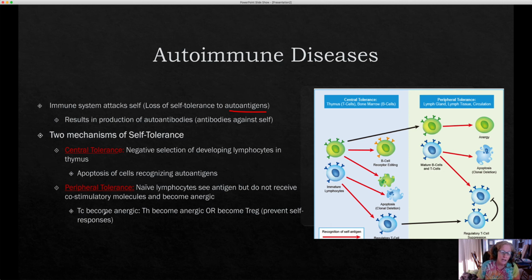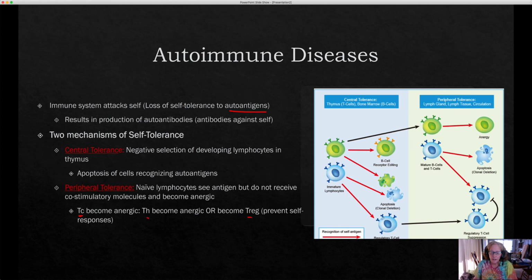A T cell that becomes anergic can become a T helper cell, or it can become a T regulatory cell, and these cells will prevent self-responses. This sounds a little confusing, but in central tolerance, we're looking at T cells not being primed properly. In peripheral tolerance, we're looking at naive lymphocytes being presented an antigen, but they're not able to respond against it. So they don't really get activated.